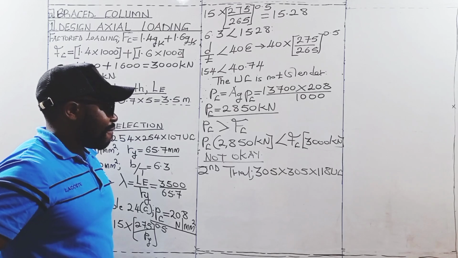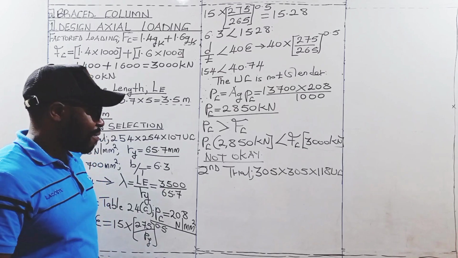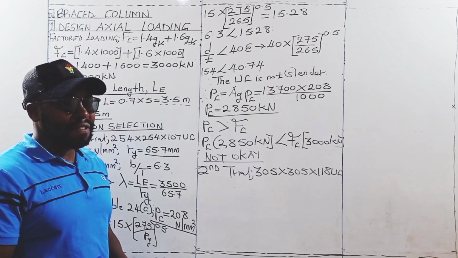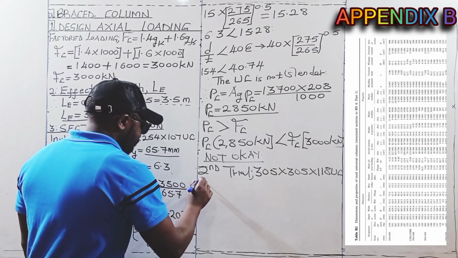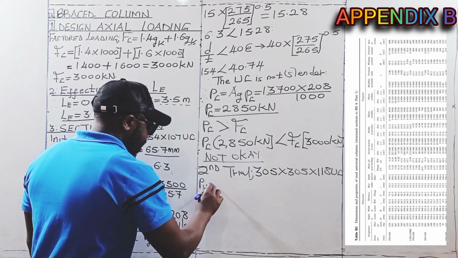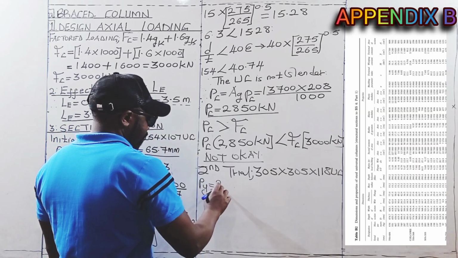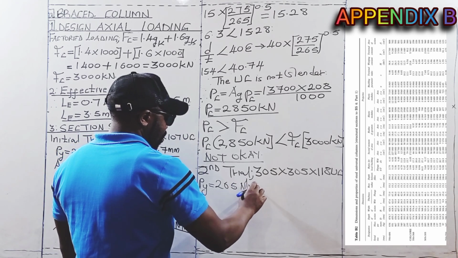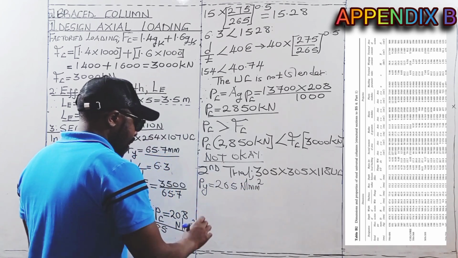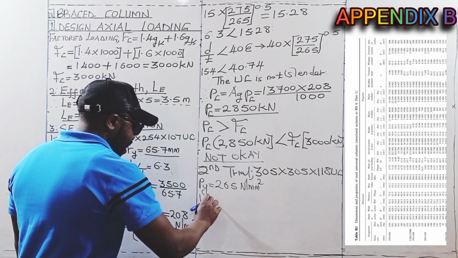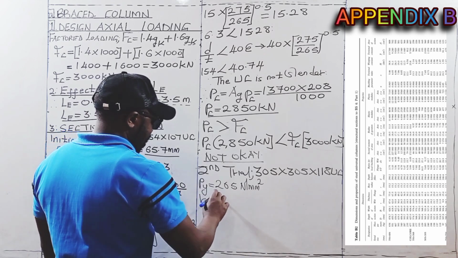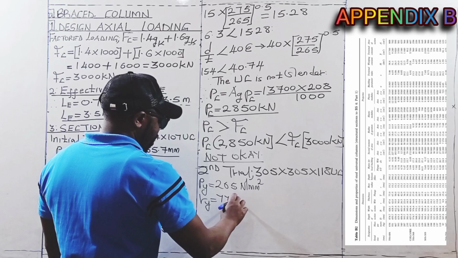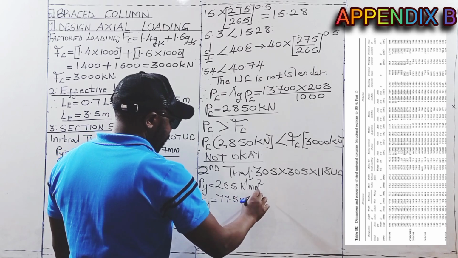And from the BS 5950, the design strength of steel for this section is 265 newtons per square millimeter. The radius of gyration about the YY axis is actually 77.5 millimeters.